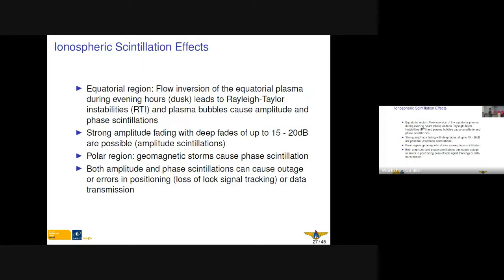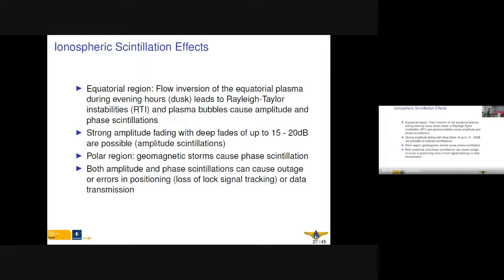Strong amplitude fading with deep fades of up to 15 to 20 dB are possible, and this is called amplitude scintillations. And in polar regions, geomagnetic storms cause phase scintillation. We also have a little bit of phase scintillation combined with the amplitude scintillation.